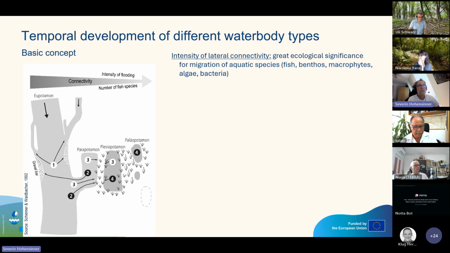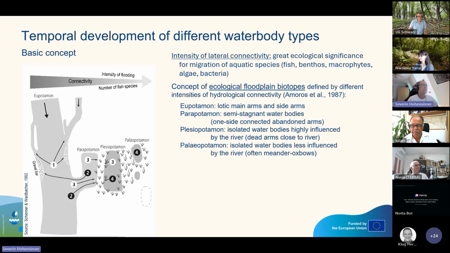It also determines the living conditions for macrophytes, algae, and so on. In this respect, the basic concept is that of ecological floodplain biotopes defined by different intensities of hydrological connectivity, based on Amoros et al. in 1987.